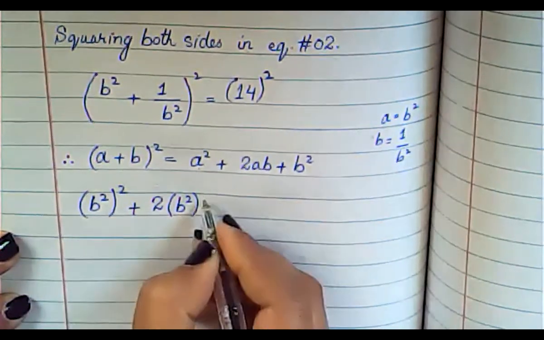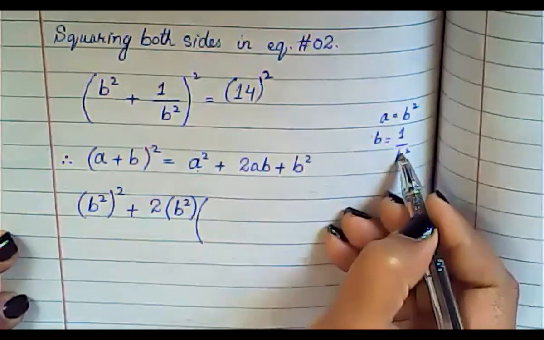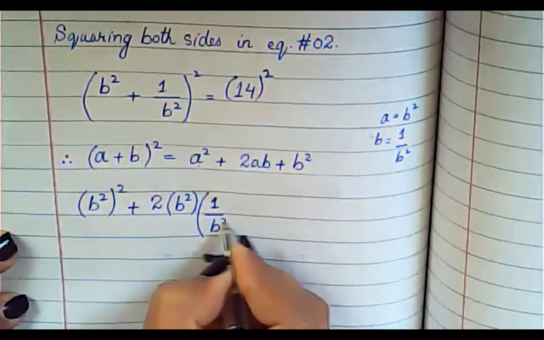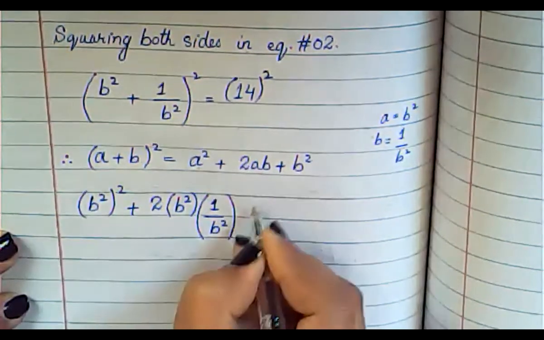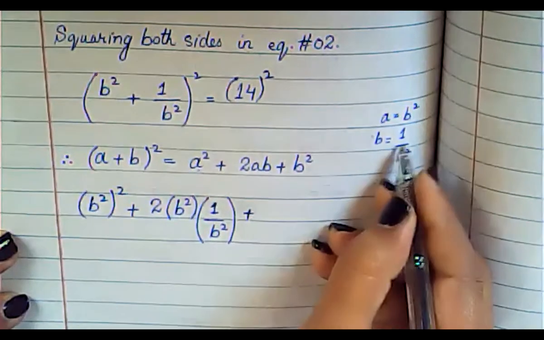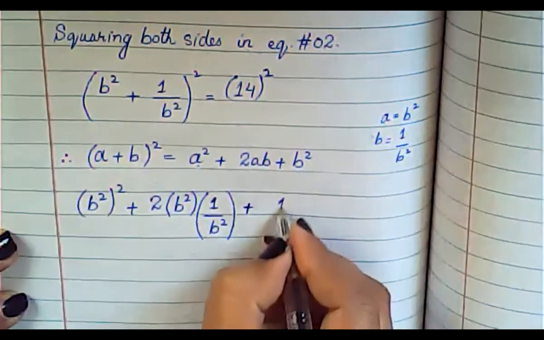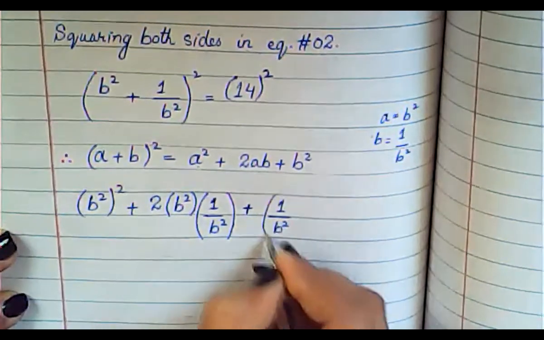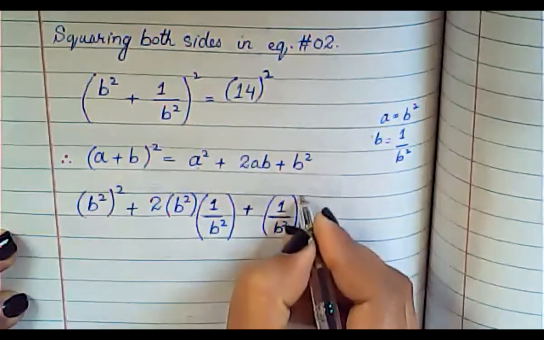Then term B is 1 upon b square, so we will write here 1 upon b square, bracket close. Then sign of addition. Now we will write here 1 upon b square, and we have to take the whole square of it.